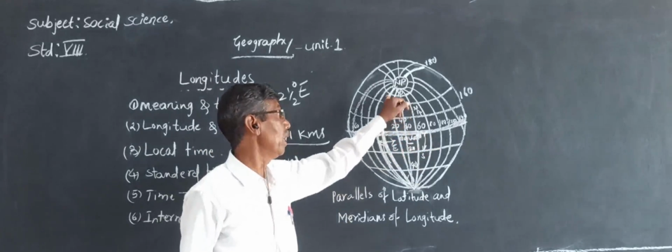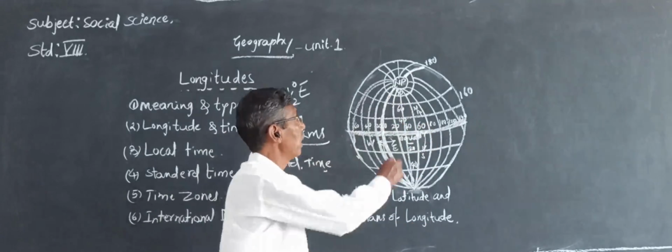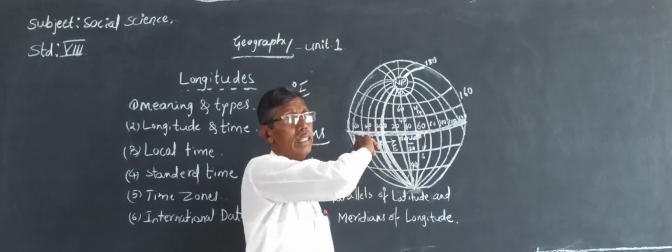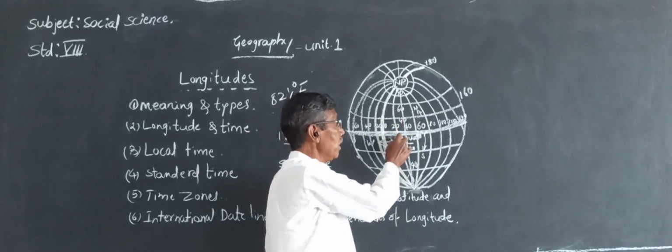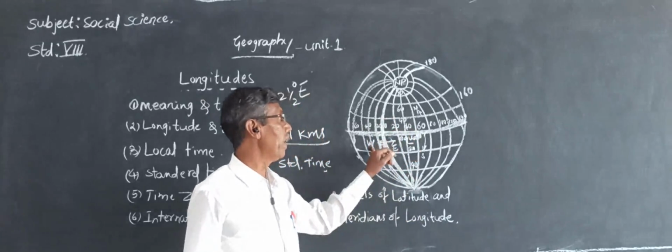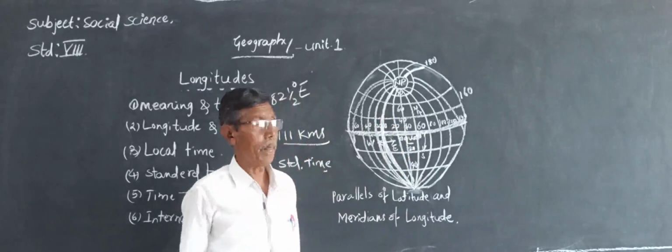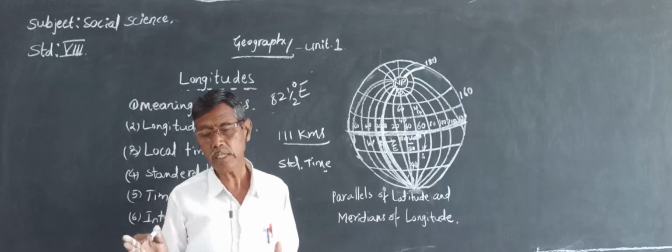When they travel from east to west and pass the 0-degree longitude, they have to adjust the time and also the days.